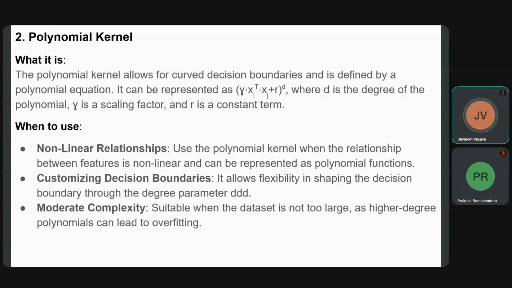You can adjust how curvy the decision boundary is by using the degree of the polynomial. You can think of it as adjusting the curvature of a road. Then the moderate complexity: it is suitable when the data set is not too large, as higher degree polynomials can lead to the problem of overfitting.